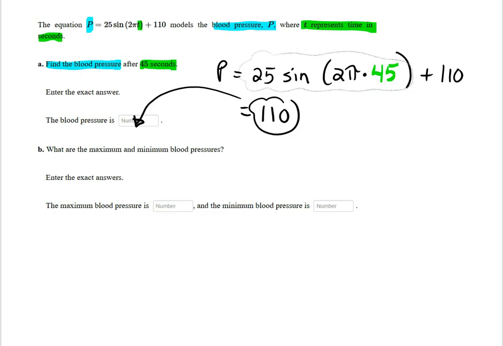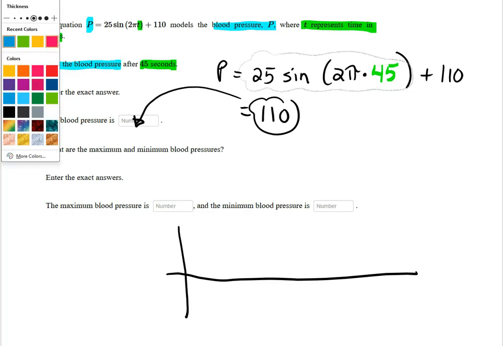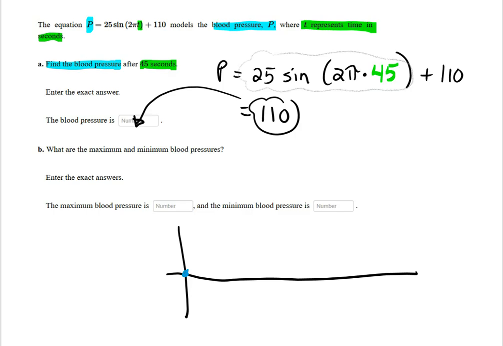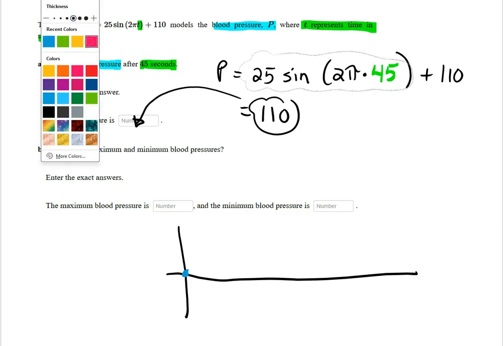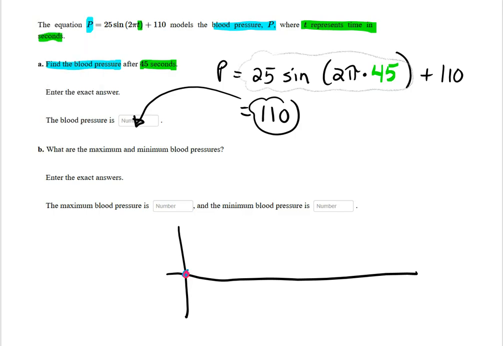And then it says, what are the maximum and minimum blood pressure? Well, remember on the sine wave, here's the x and y axis, the sine wave starts at 0. Starts here, and then it goes up and it goes down, and it lands right here.